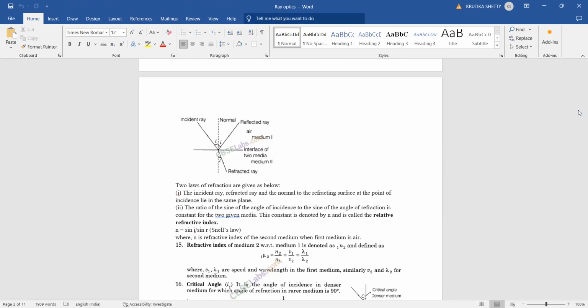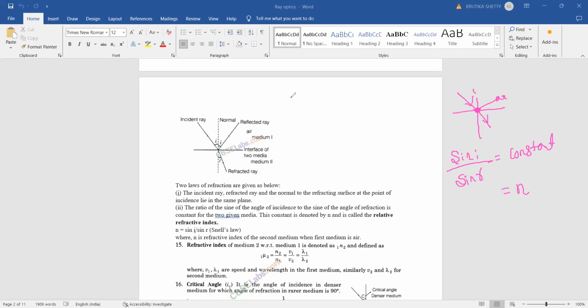Next, in case of refraction also we have some laws. The first one: at the point of incidence, the incident ray, the normal drawn and the refracted ray are on the same plane. So in the same plane, we say. This is the first one. Second one: the sine of angle of incidence to the sine of angle of refraction is a constant. We take this constant as n.